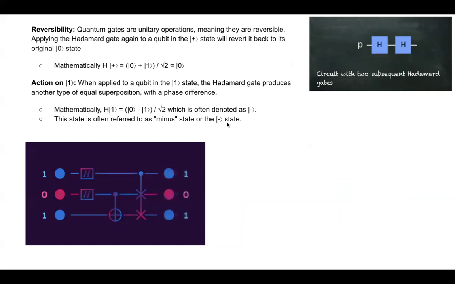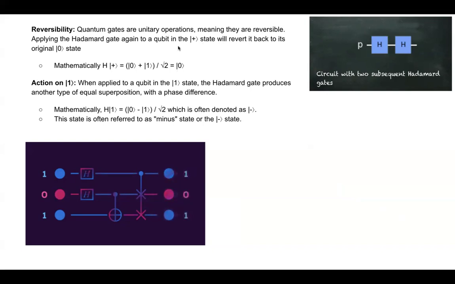One important characteristic of a Hadamard gate is that it's reversible. If you apply the Hadamard gate subsequently, it will return the qubit back to its original position from where it started.